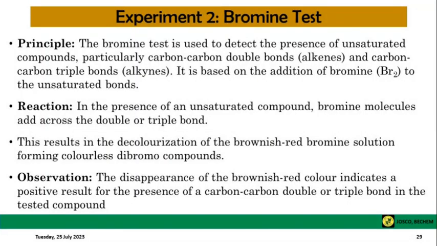Now, let us look at the second test, which is the bromine test. Here, the principle is that this test is able to look for the presence of unsaturated compounds, with particular mention to alkenes and alkynes. This whole test is based on the fact that we are going to add bromine to the sample of interest, or the sample that we are going to treat.